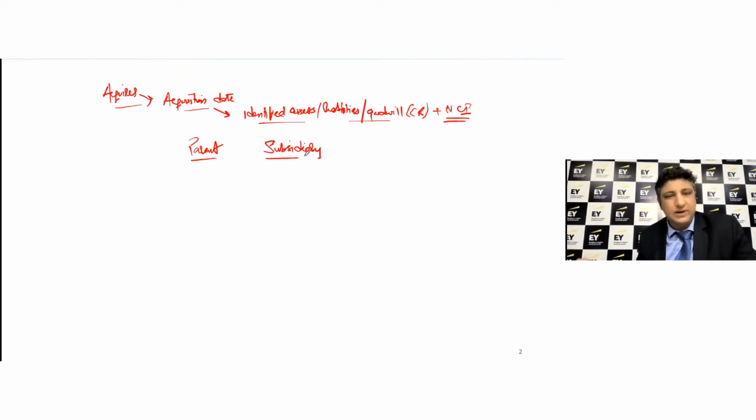So let's try to understand the entire relationship between the business combinations accounting standard and now looking at the word consolidation. Okay. If I say that there is a company, let's say there is a company called company X.